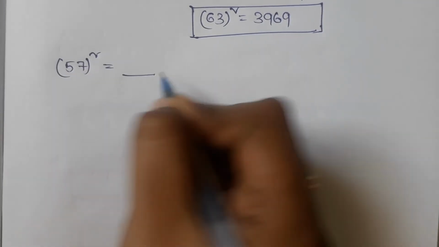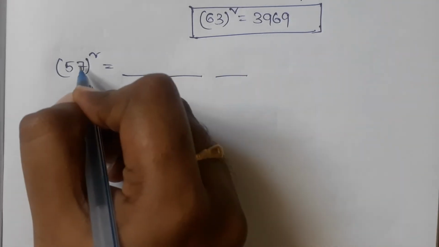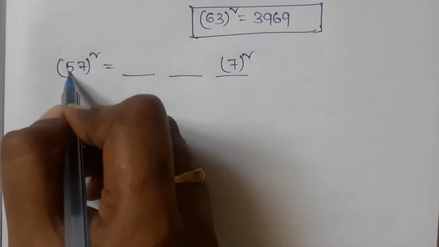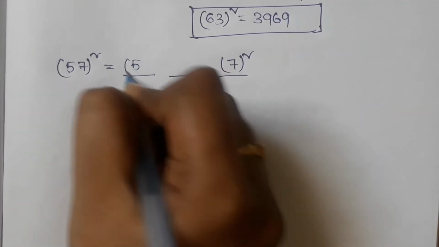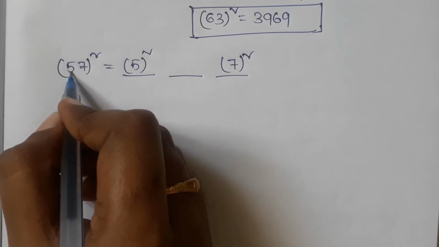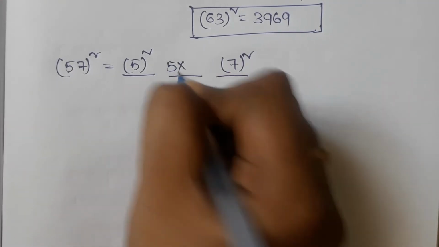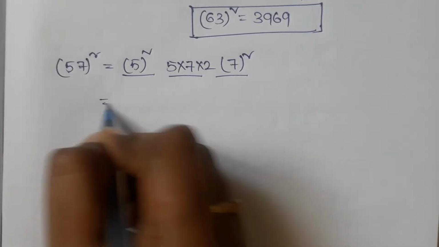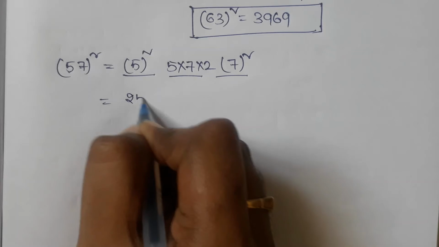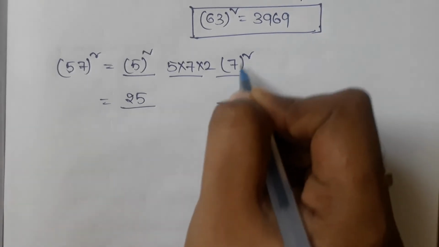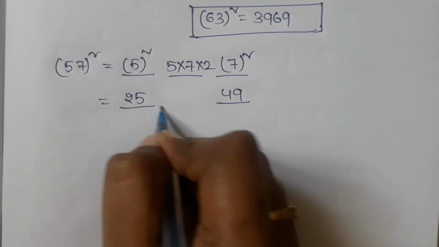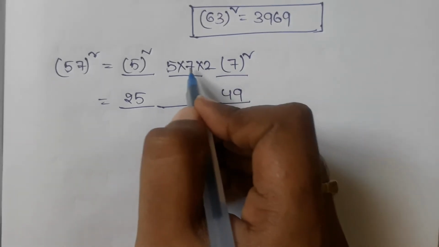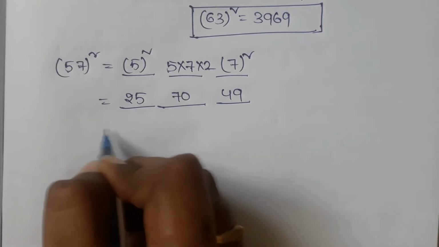Here the units place is 7 square, the tens place is 5 square, and the middle is 5 into 7 into 2. 5 square is 25, 7 square, 7 into 7, is 49, and in the middle, 5 into 2 is 10, 10 into 7 is 70.